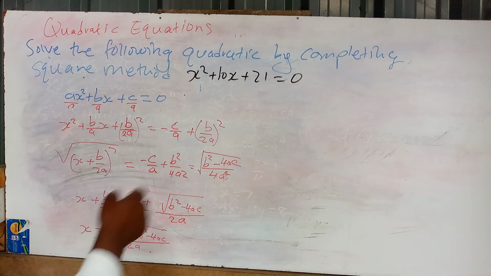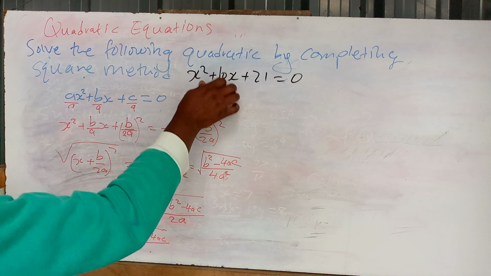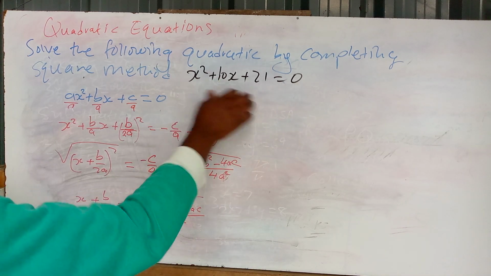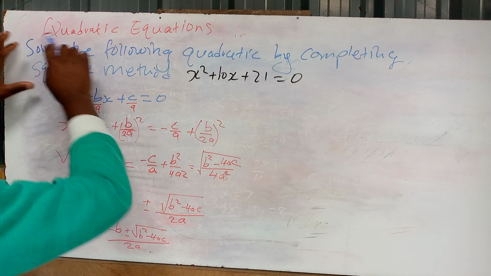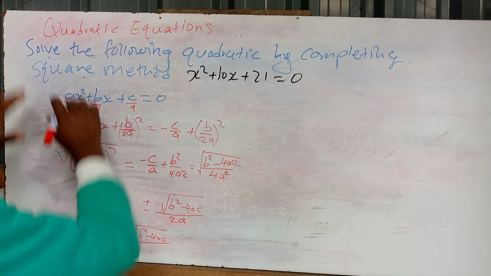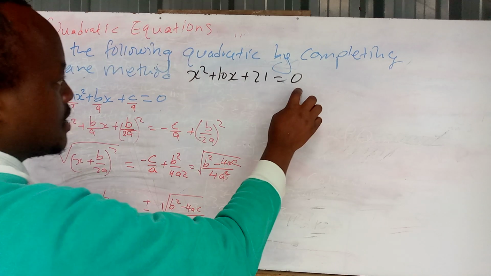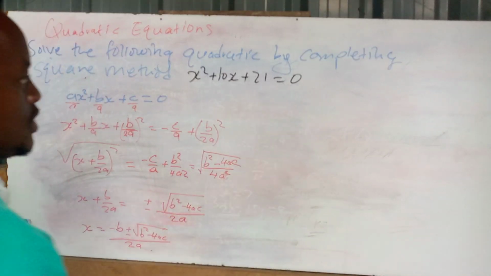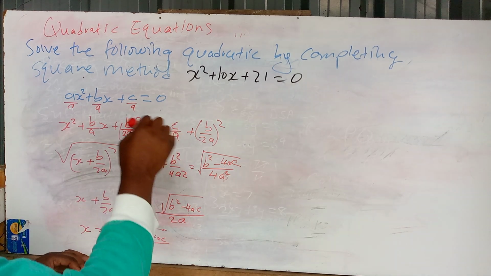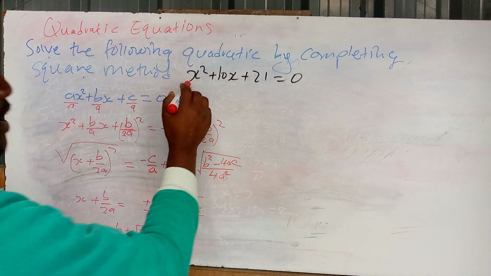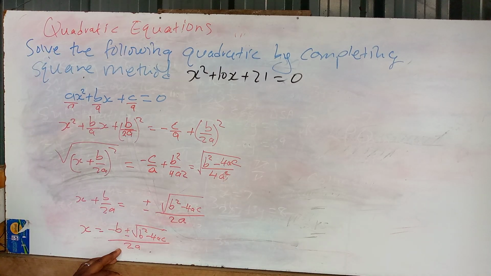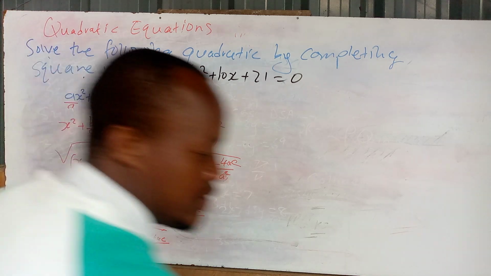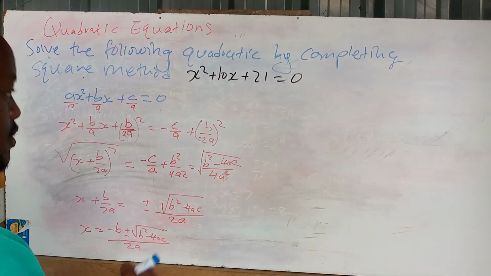Now, to solve this equation, if the question was not specific, if the question was just to solve the quadratic equation, then you can decide to use the quadratic formula. We can use the quadratic formula first of all and see what we will get.